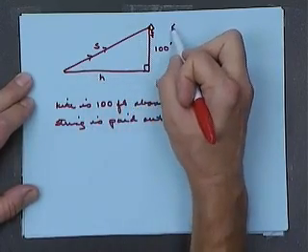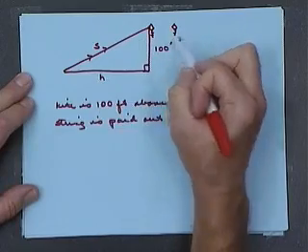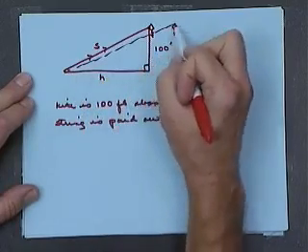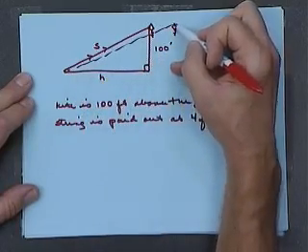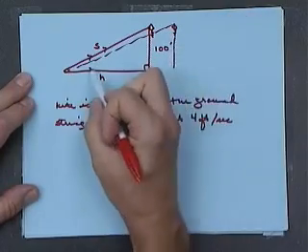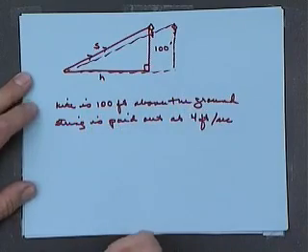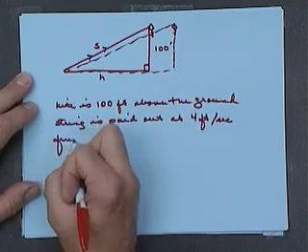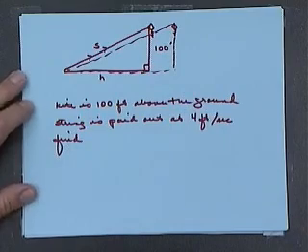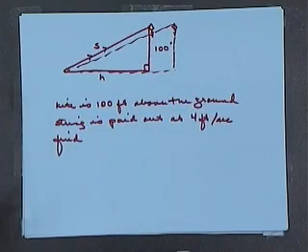So the kite's going to stay the same height, just as it did in the example yesterday. So we have more string out, and the kite stays the same. S is getting longer, and H is also getting longer. So we want to find the rate of change of H.